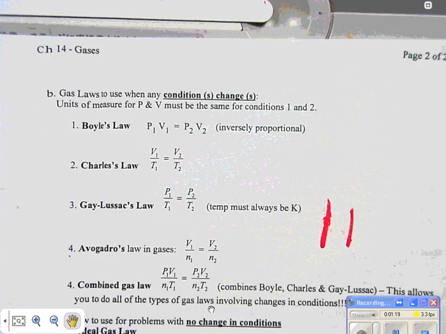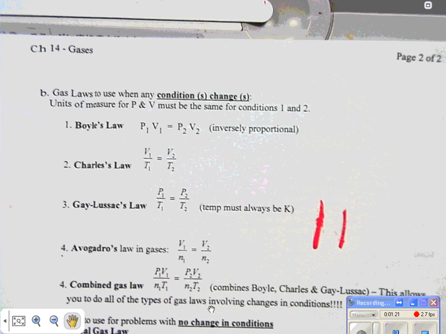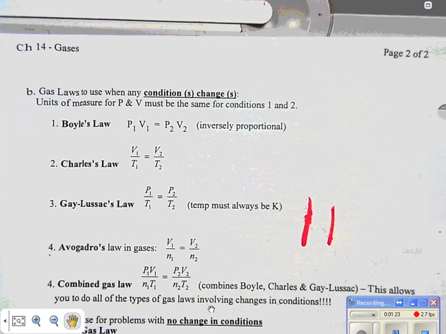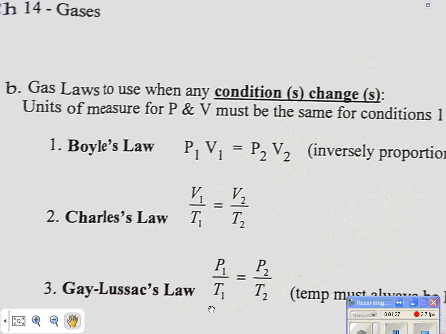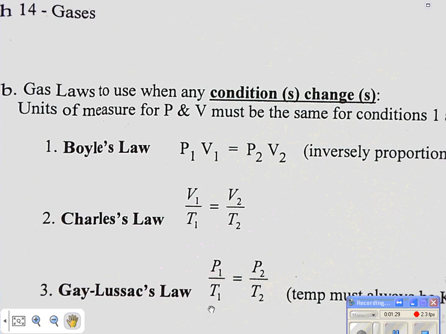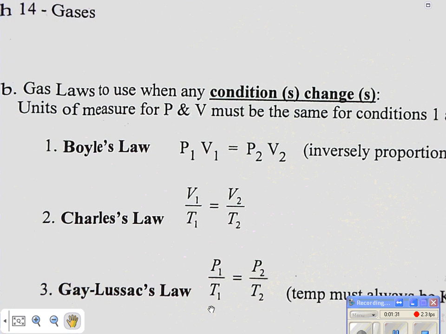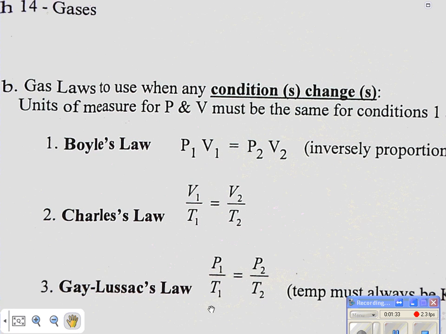So you're only having to worry about Boyle or Charles, and it has to be one of those two that you're going to use to solve the do now problems. And all of your problems in tonight's homework will be done using Boyle's or Charles's Law. So we'll talk about those and how they relate to each other after I finish the stamping. In the meantime, you can literally plug and play these two.